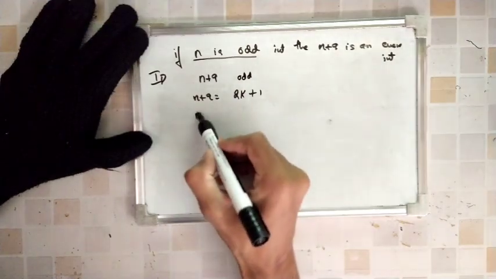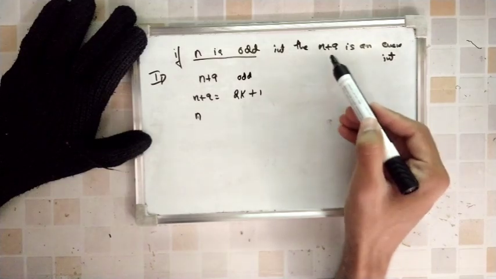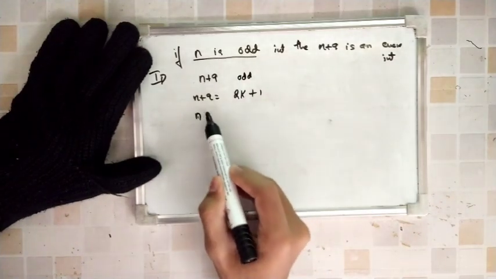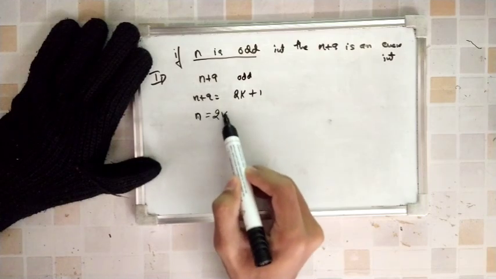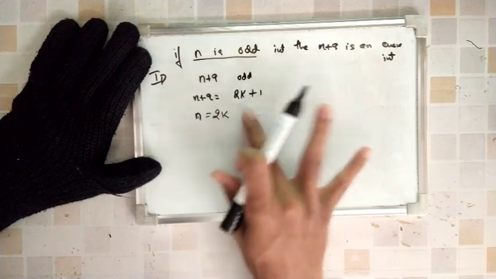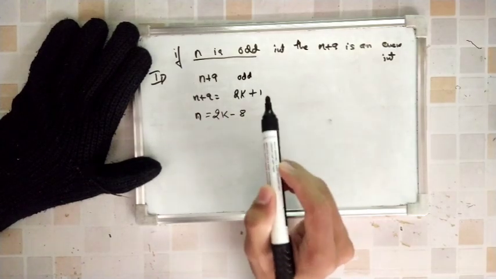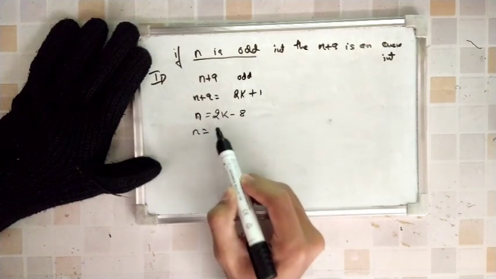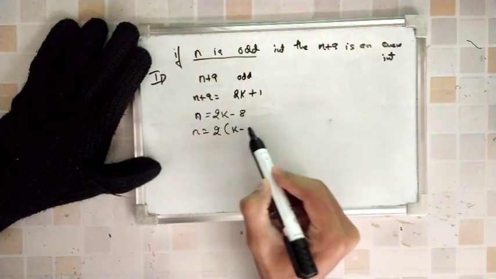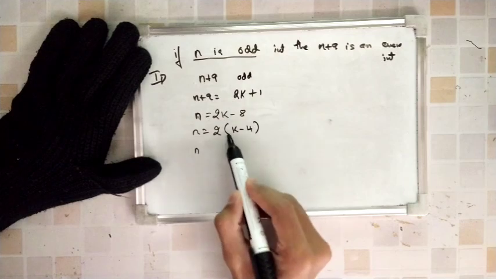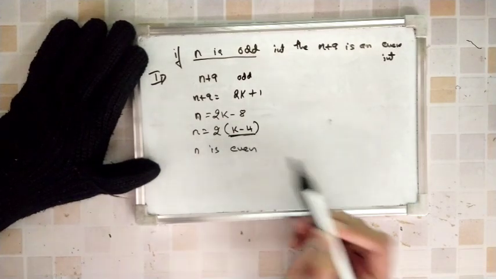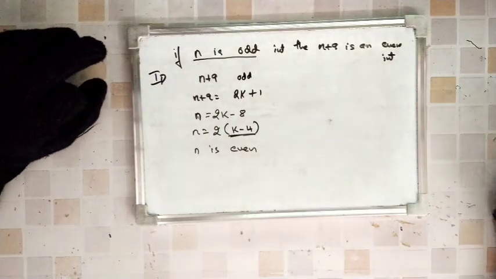Now I will keep n as it is and move 9 to the other side. So n equals 2k plus 1 minus 9, which is 2k minus 8. Again I take 2 common, that is 2 times k minus 4. Now I can say that it is a multiple of 2, so n is even. This is my indirect proof.